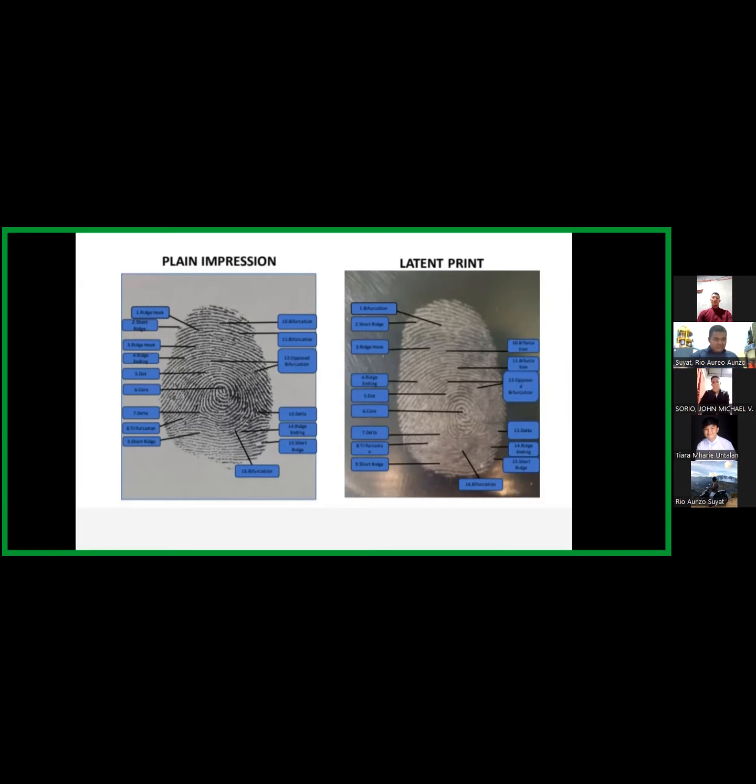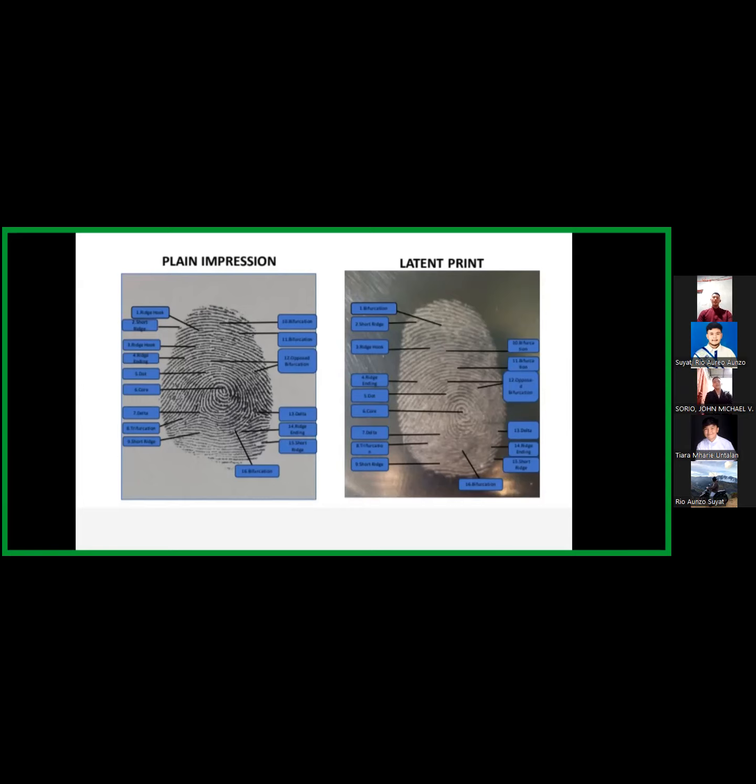Next is a well-formed ridge that is normally caused by a single protuberance. The next is island ridge. It is a single small ridge inside a short ridge or ridge ending that is not connected to any other ridges. Next is short ridge. A ridge which is significantly shorter than the average ridge length of the fingerprint.